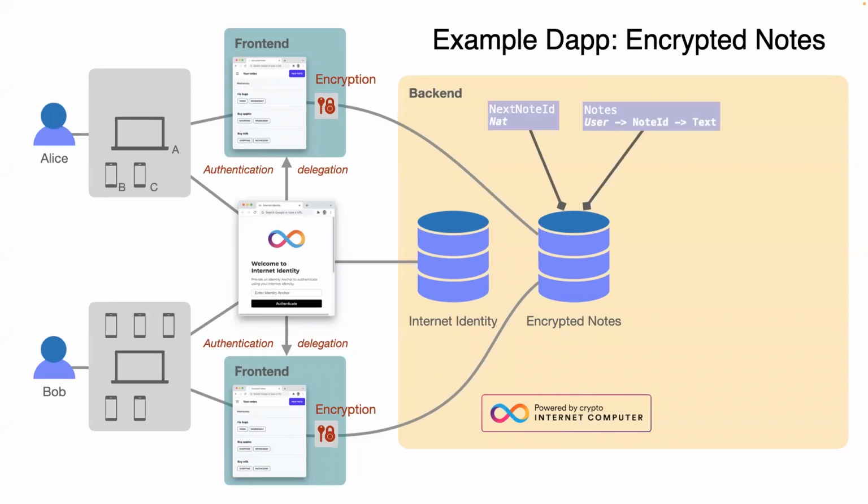But the most important aspects are that nodes are stored by their node identifiers, which are implemented as natural numbers in terms of the Motoko implementation. And they're hashed by user and by node ID. Okay? So, for example, if Alice here has a list of devices, and each of these devices will be represented in the internal state of the canister via a public key of that device, which is depicted in orange.